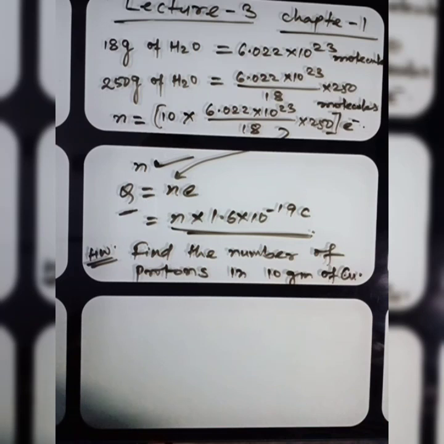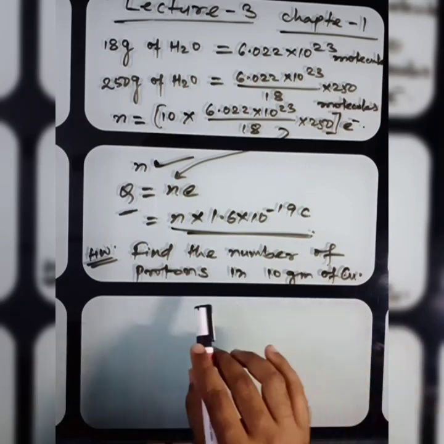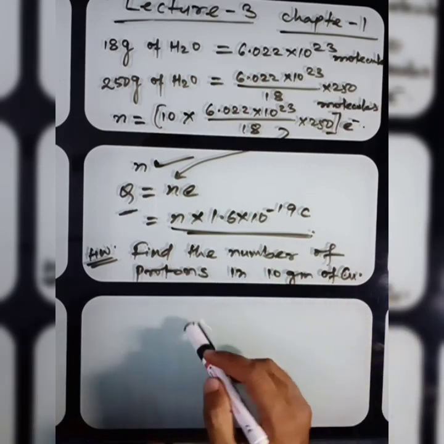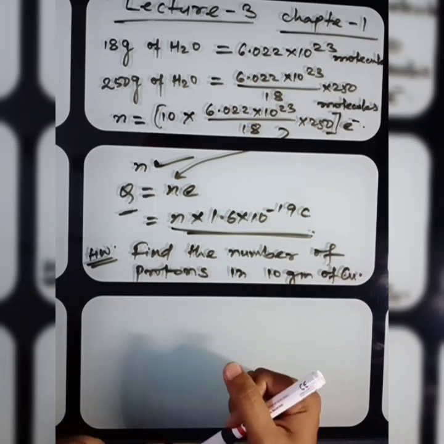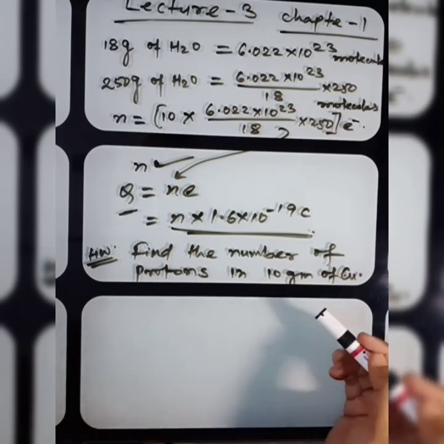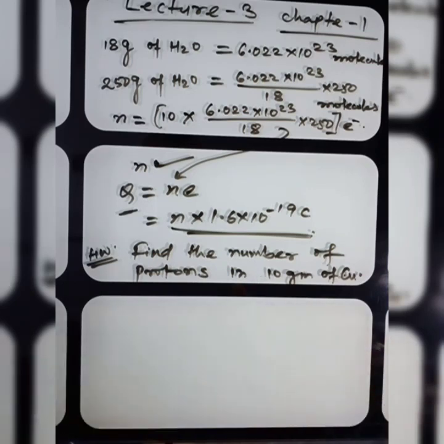Okay, find the number of protons in 10 gram of copper. Try to solve this question. In the next video lecture, I will give you the answer of this question, students.